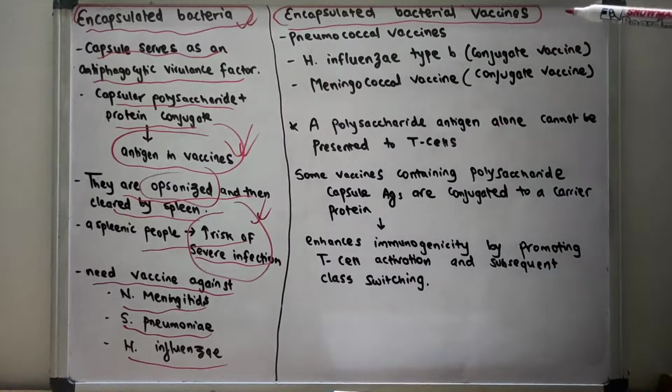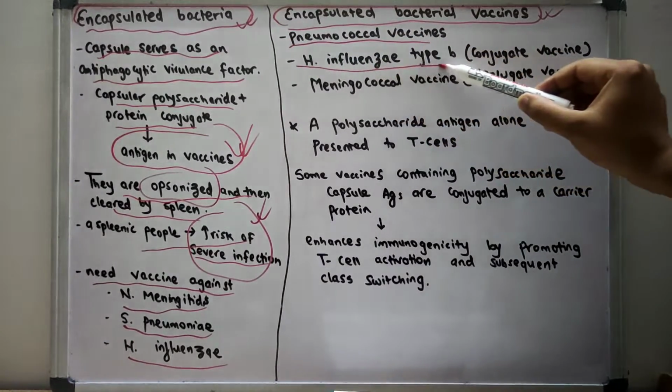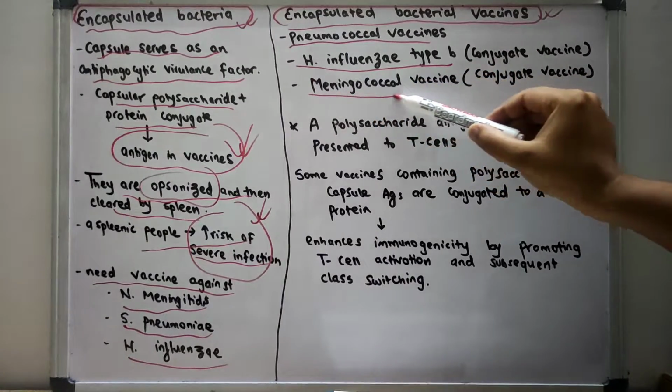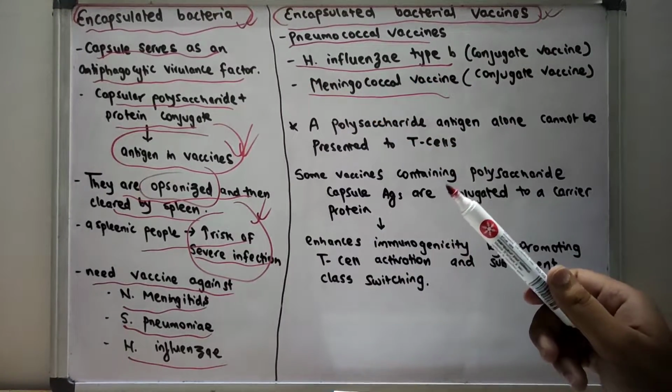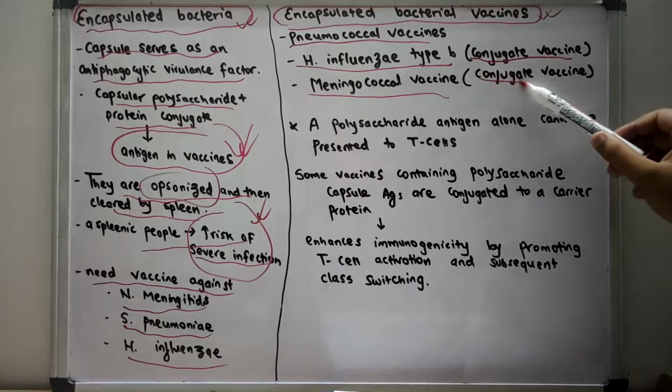Now let us discuss the encapsulated bacterial vaccines. There are mainly three types: pneumococcal vaccines, Haemophilus influenzae type B vaccine, and meningococcal vaccine. Haemophilus influenzae type B vaccine and meningococcal vaccines are both conjugate vaccines.